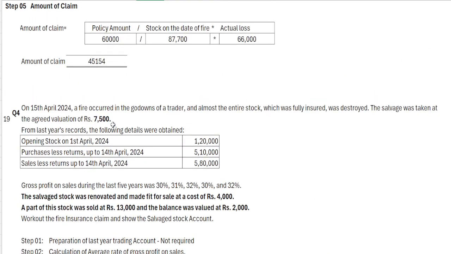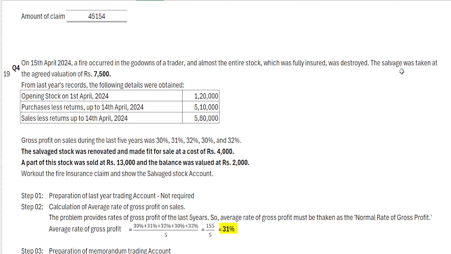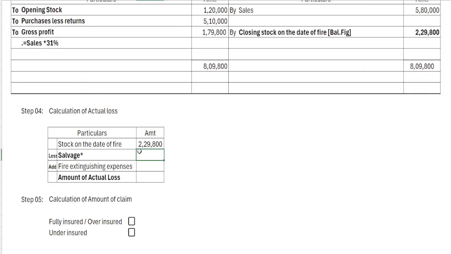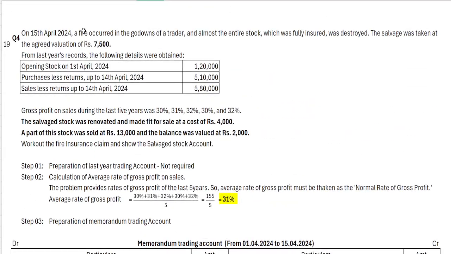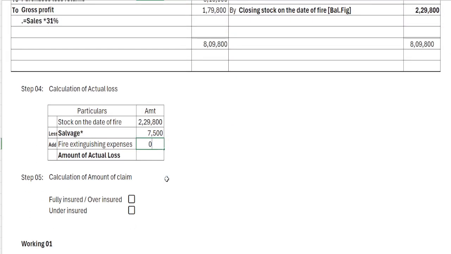Salvage, here it is given 7,500. The salvage was taken at the agreed valuation of 7,500. Are there any fire extinguishing expenses incurred? There are no such expenses incurred.